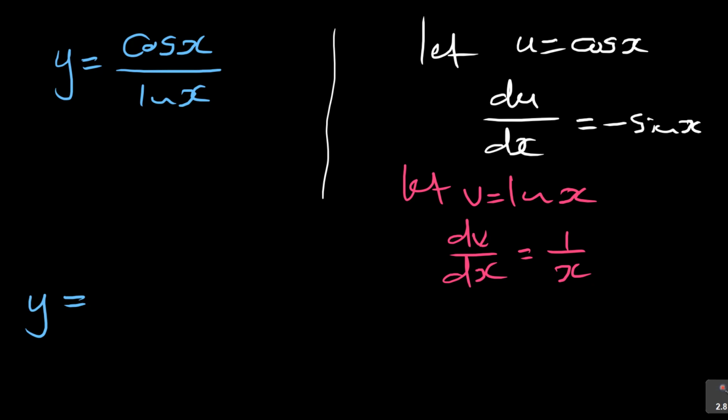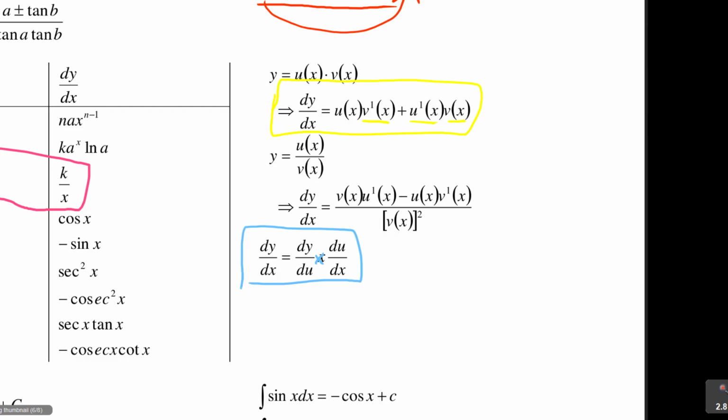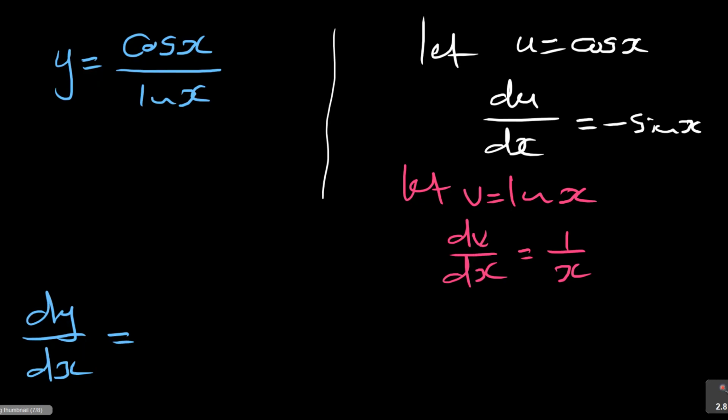Dy over dx is equal to, now the formula says what? u of x. So I'm taking this as my u of x, which is cos x.